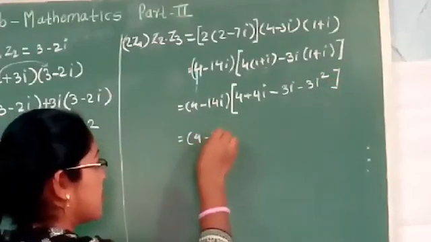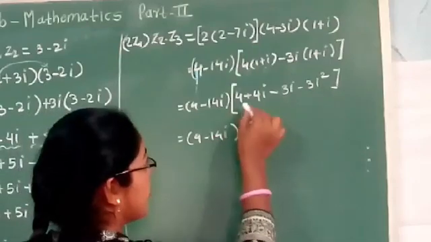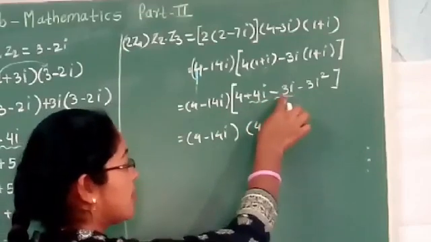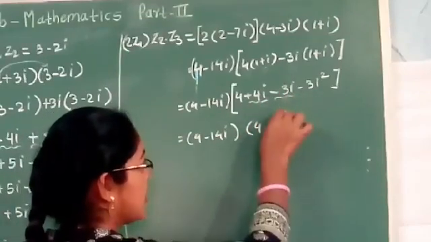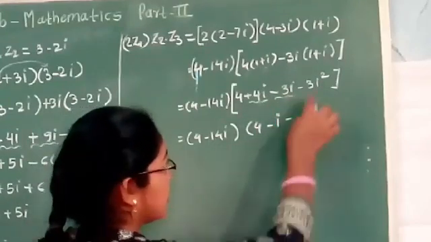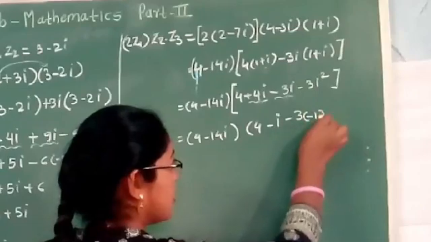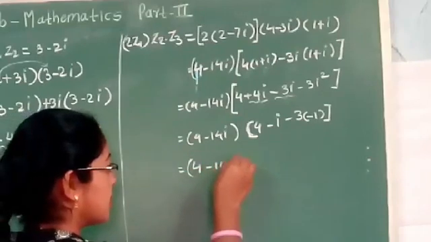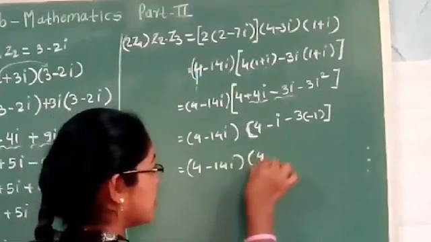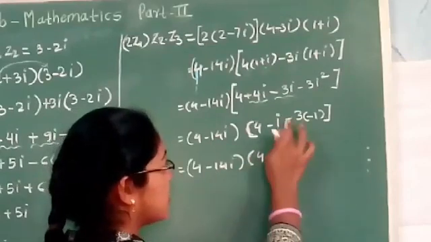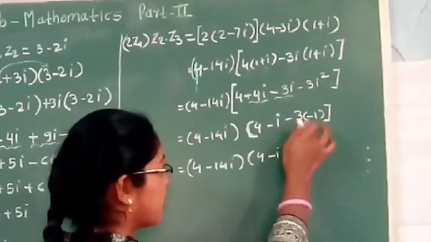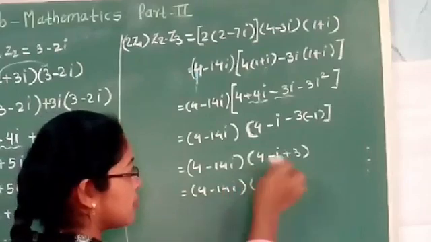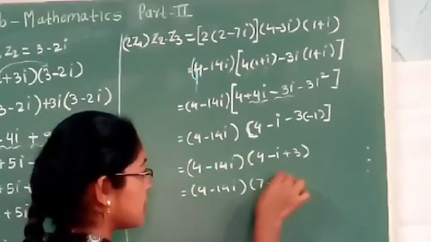So 4 minus 3 is 1, 4i minus 3i is i, and minus 3i square is plus 3. So this is 4 minus 14i into 7 minus i.